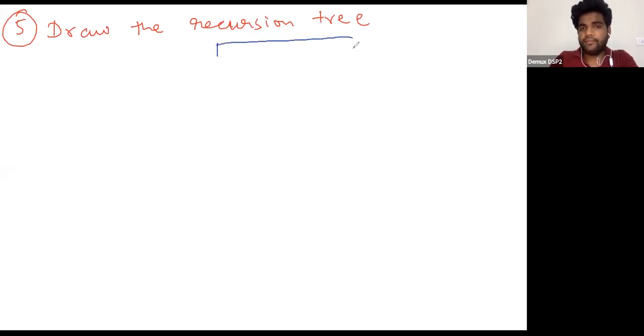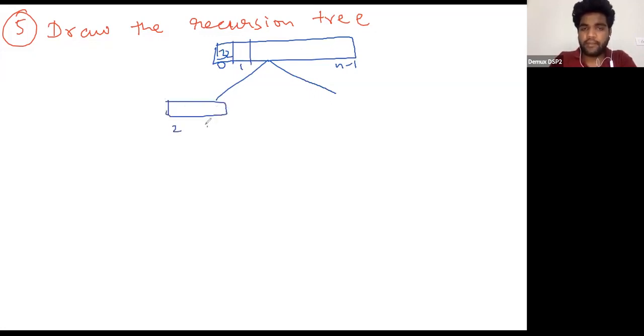You had the entire array, and you said that I could choose to include this 32 or not include it. If I include it, then I'm left with 2 to n minus 1. Let's call include plus and not include minus. If I don't include it, then you are left with 1 to n minus 1.